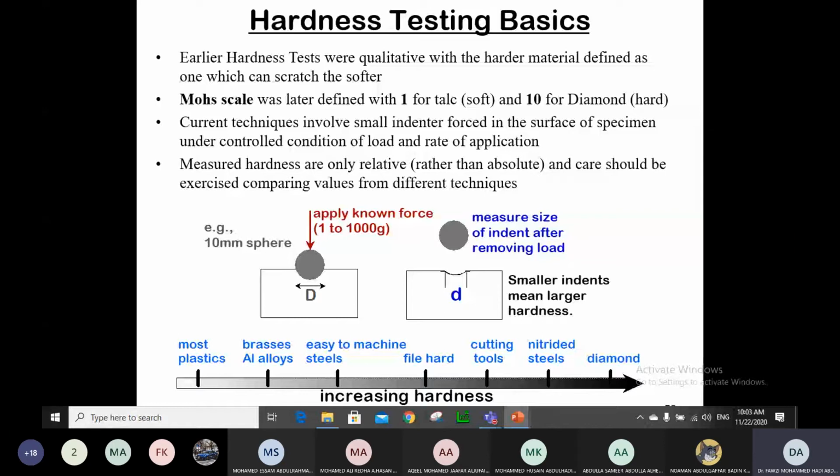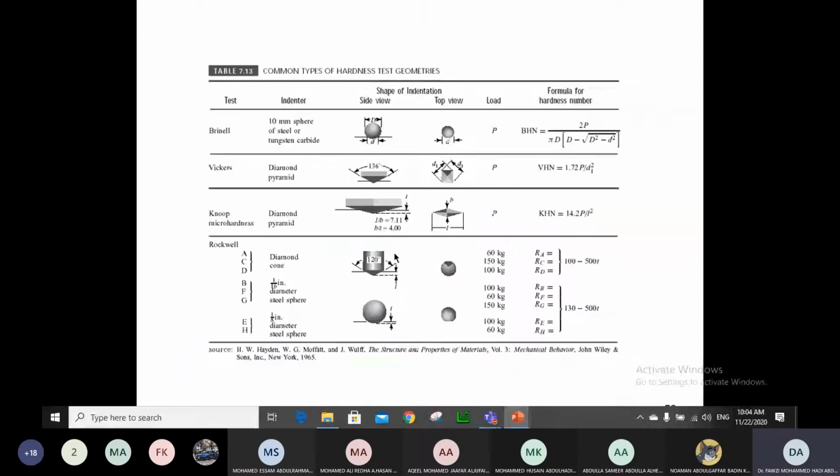The difference between hardness and strength is that strength is the material's resistance to global plastic deformation, while hardness is the resistance of the material to localized plastic deformation in a specific region, as in this picture. It's not in the entirety of the material. So that is the basic difference.